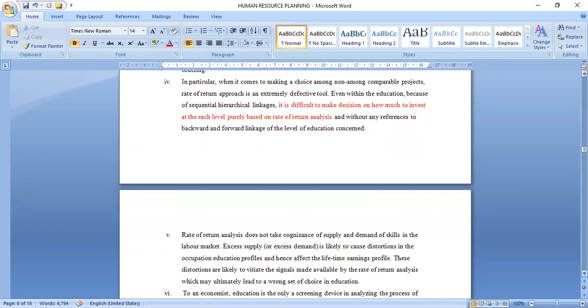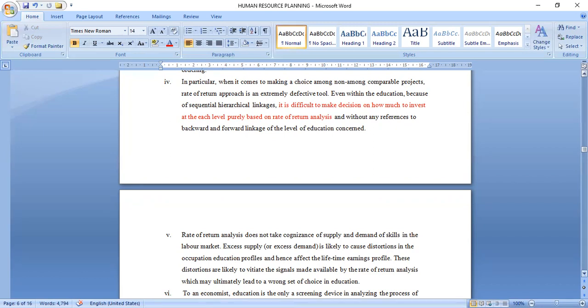So at the end of the day, even when these discounted rates are calculated, it becomes a challenge to know. You may find that it is more profitable or financially viable to invest in the education sector, because if the rate of return is high, the government will benefit.